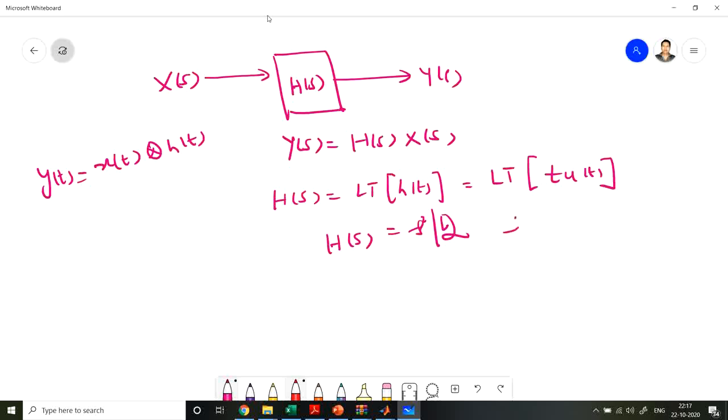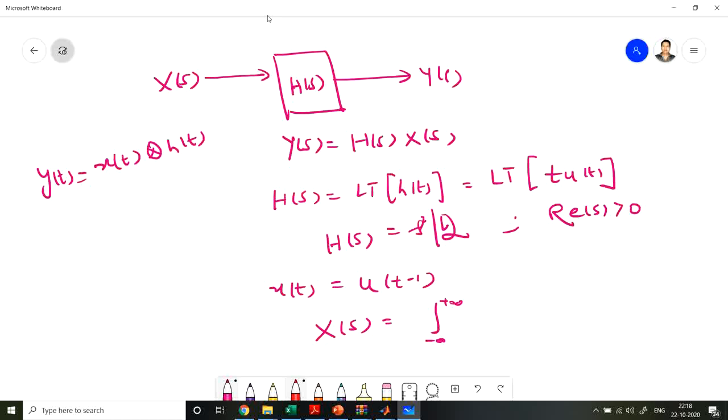And what is the ROC? The ROC is real part of s greater than 0. Further, we have the input u(t minus 1). The Laplace transform is the integral from minus infinity to plus infinity.